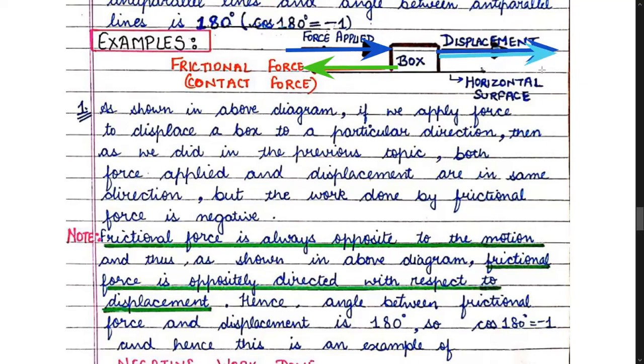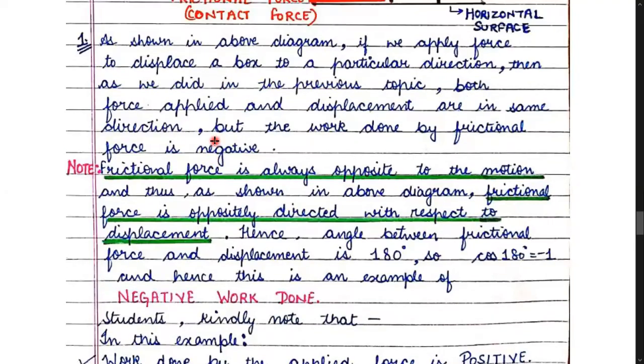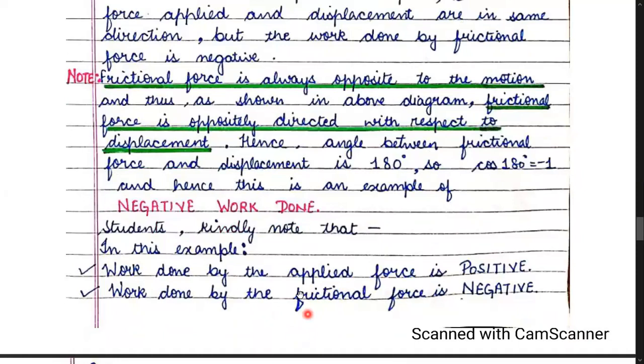And since they both are opposite to each other, therefore, the work done because of frictional force is always termed to be negative. So, children, frictional force is always opposite to the motion, and thus, as shown in the diagram, frictional force is oppositely directed with respect to displacement.